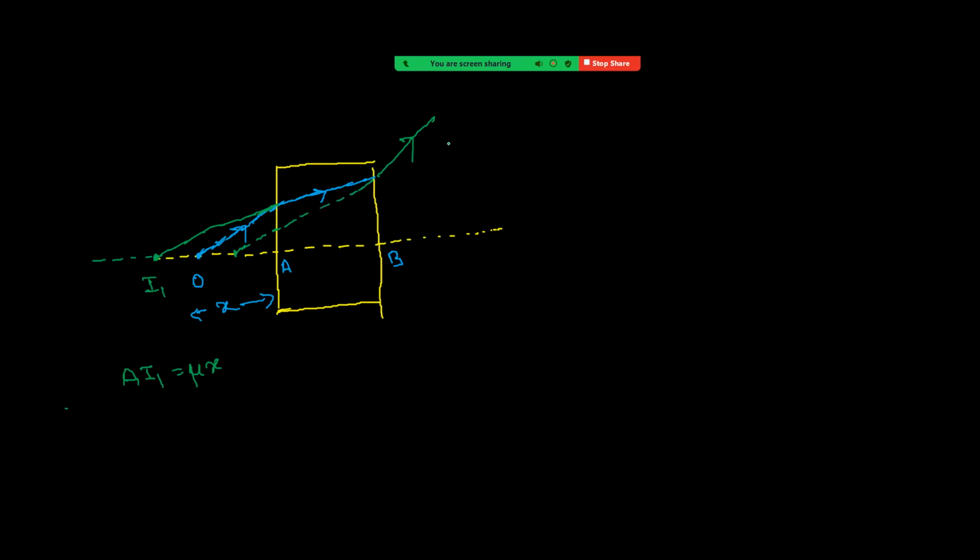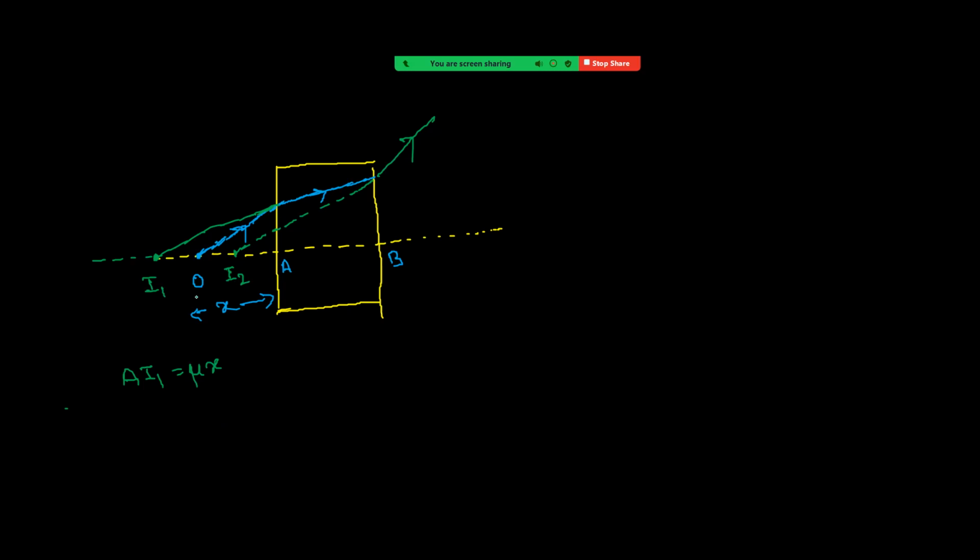So when a person sees from this medium, for him these rays appear to come from this point. So let me take it as I2. So I2 is the image of I1.